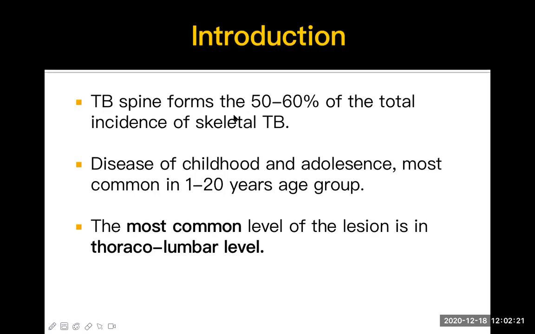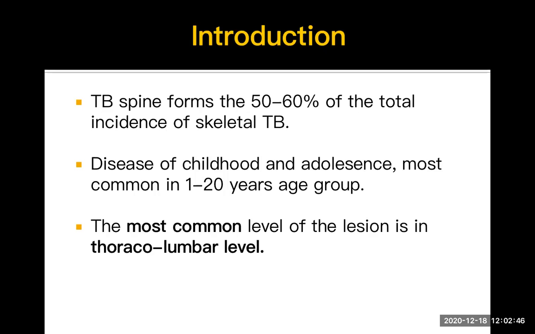Tubercular spine forms 50 to 60% of the total incidence of skeletal tuberculosis. Among the skeletal TB, the three important types are spinal tuberculosis, or tuberculosis of the spine or vertebra, which is number one. Second, hip joint tuberculosis, and third is knee joint tuberculosis.